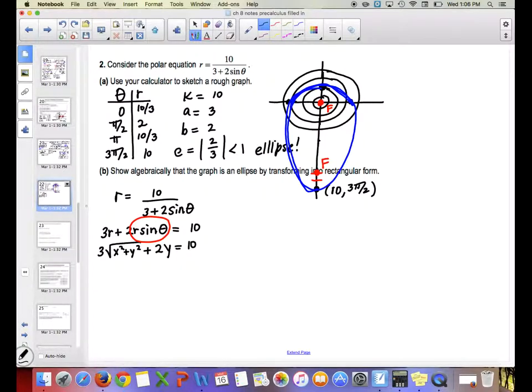We have to isolate the root. So we're going to subtract the 2y over, and we'll also divide by 3, so that we get our square root of x squared plus y squared by itself. We're going to square both sides.